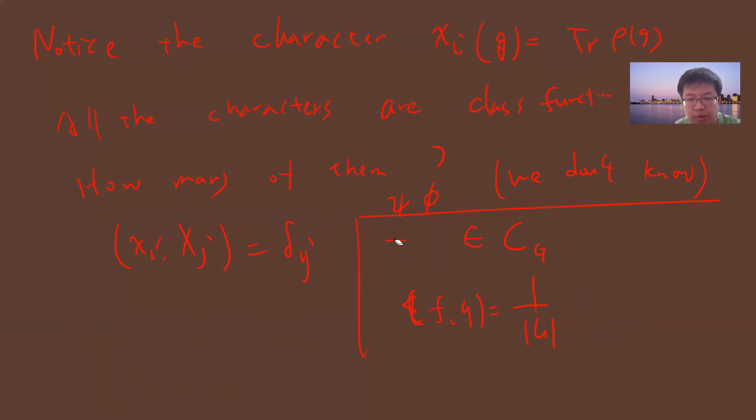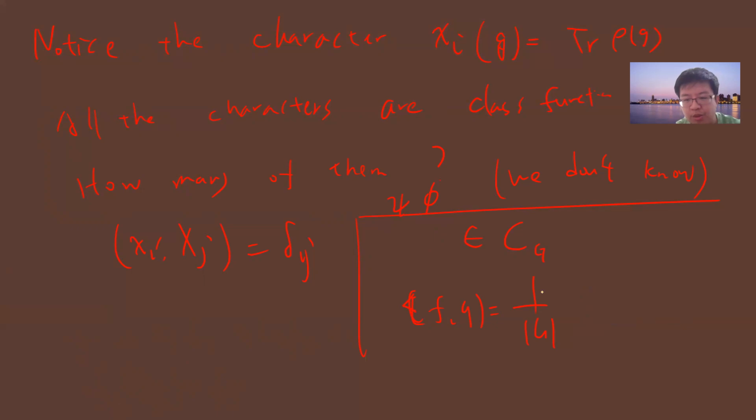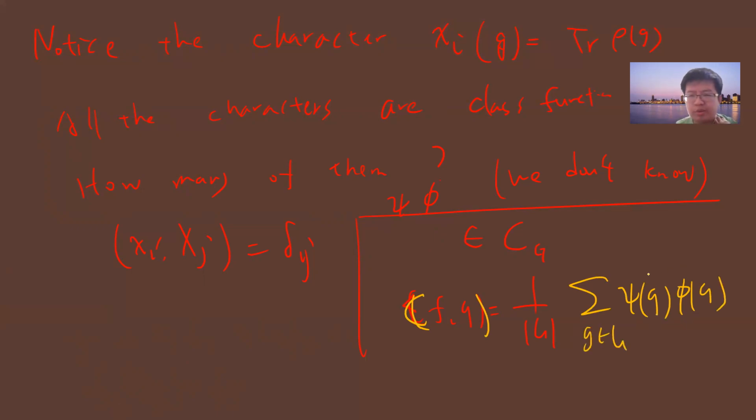Sometimes the notation is a little bit tricky. You can take the complex conjugate on the first or the second; if you use the first one, then everything's the same.